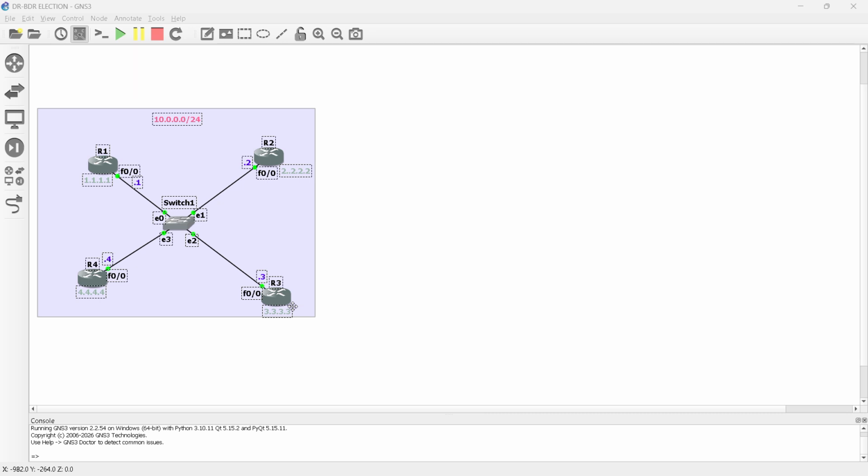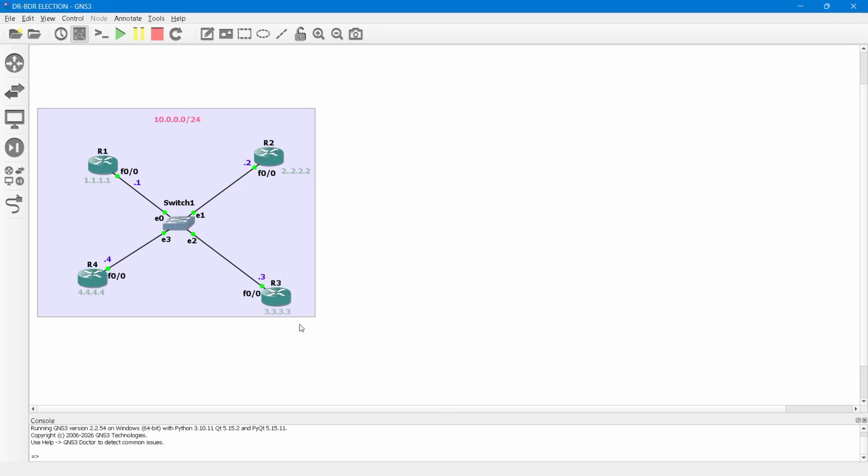As we give the network command on R1, R2, and R3, the election between them for DR and BDR will start, and we will observe, as we have learned in the concept, that the one having the highest router ID will become DR. Here, R3 has the highest router ID, 3.3.3.3, so R3 will become DR.